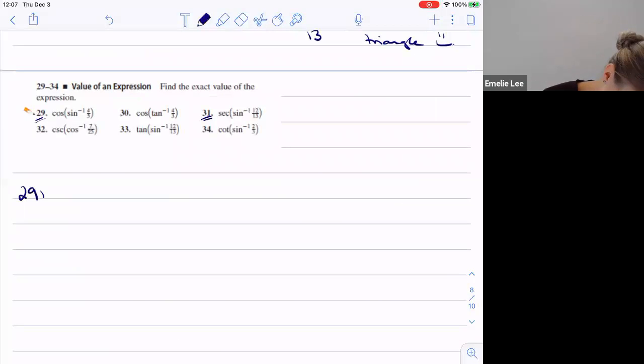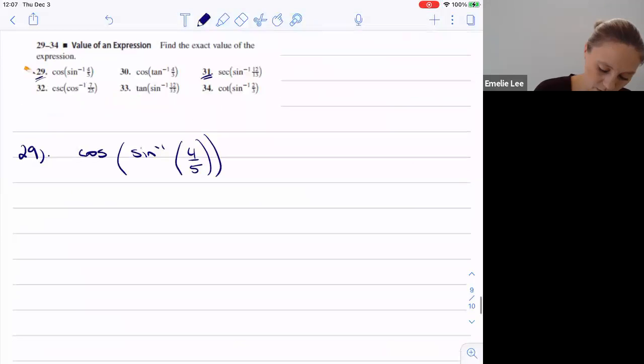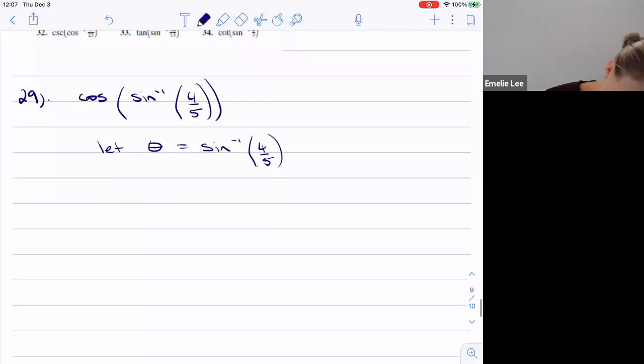So 29: we want to solve cos of the sine inverse of 4 over 5. First thing we're going to do is let theta be sine inverse of 4 over 5. That's the key step. Then sine theta must be 4 over 5.